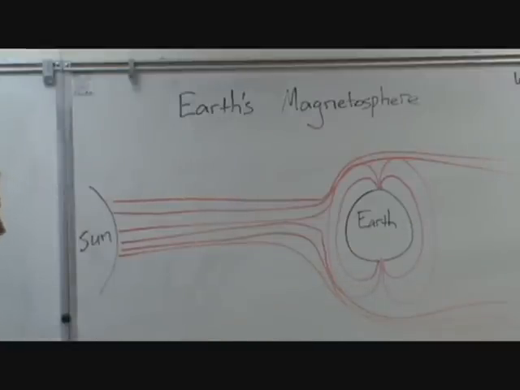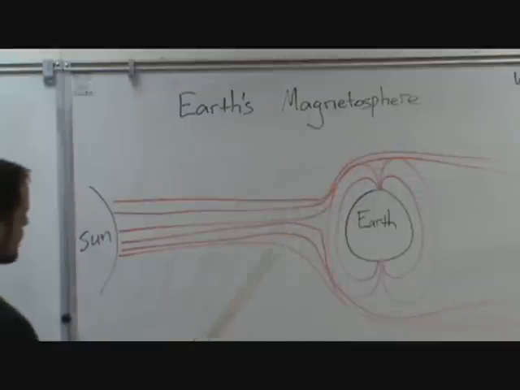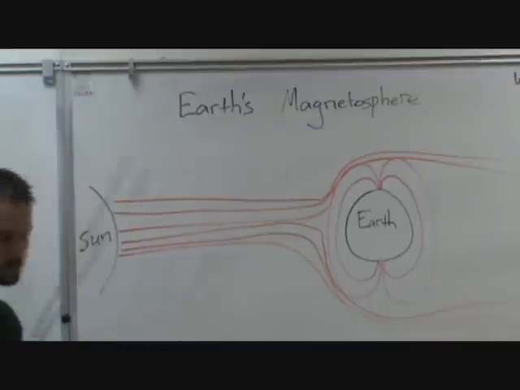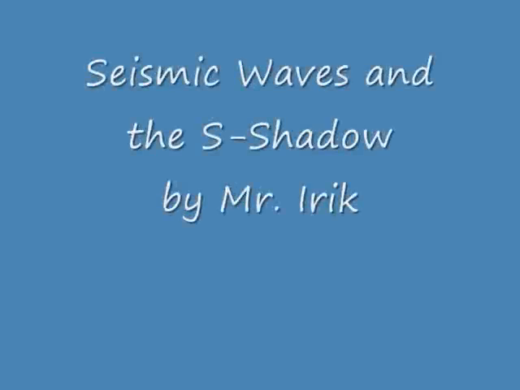And because of this, life is able to exist on land. If there were no magnetosphere, then all the solar radiation would hit the Earth, and nothing would be able to live on land. Life would probably be able to exist in the ocean, especially in the deeper water, but not on land.